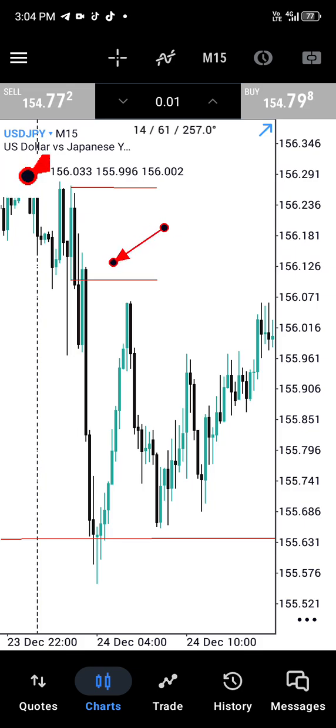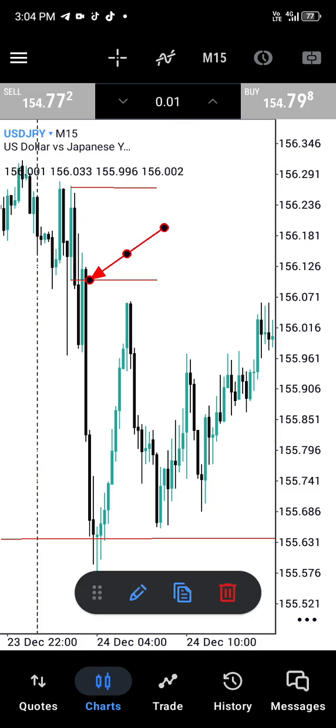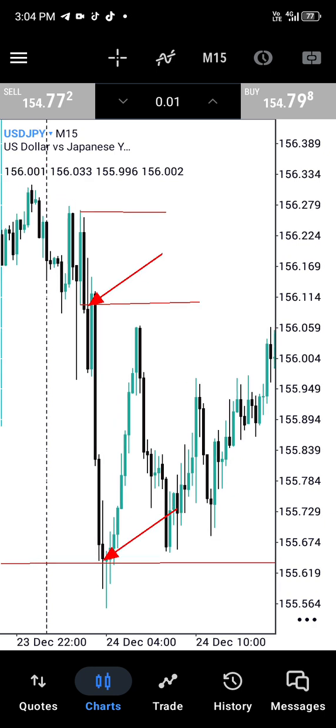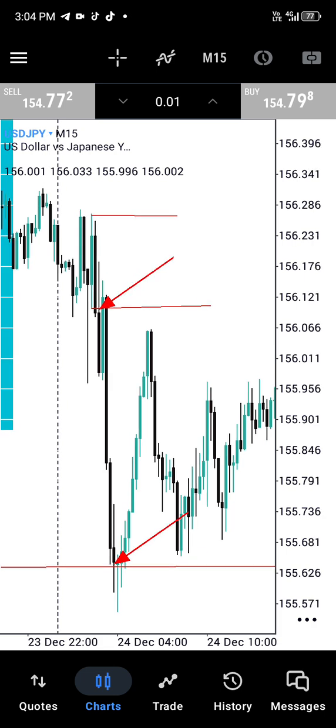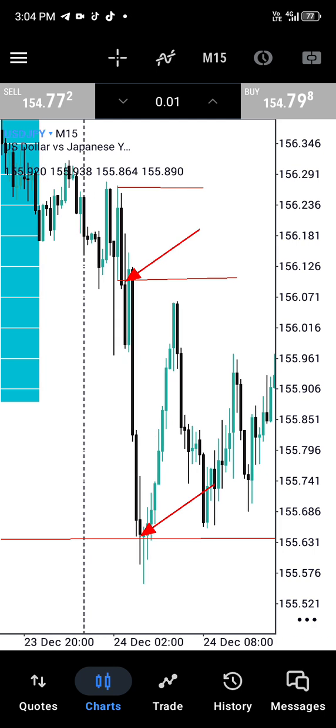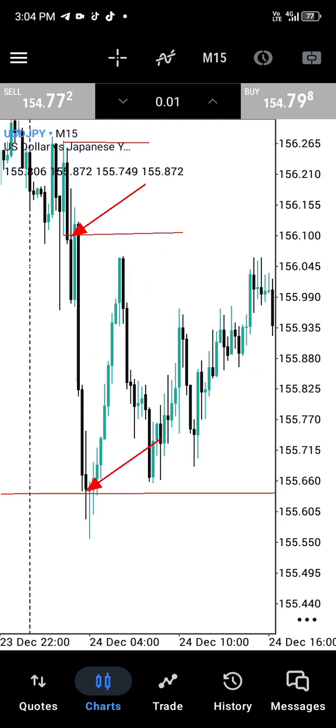A sell from this point, that point, to this point right here. That could have been the first setup in Asia.